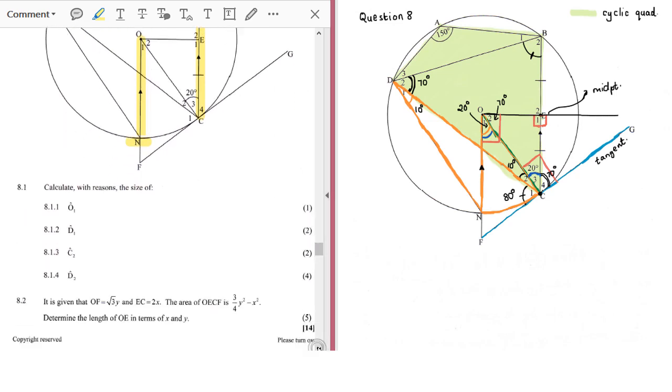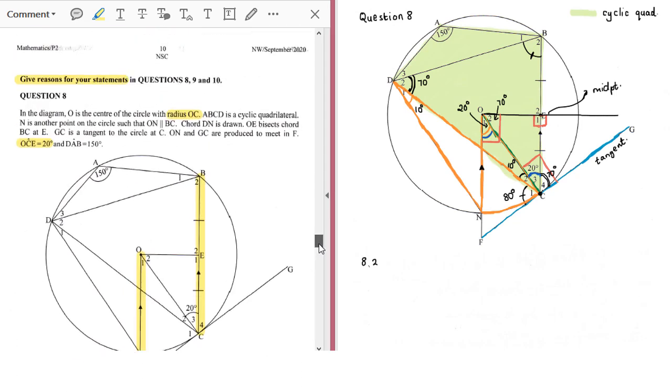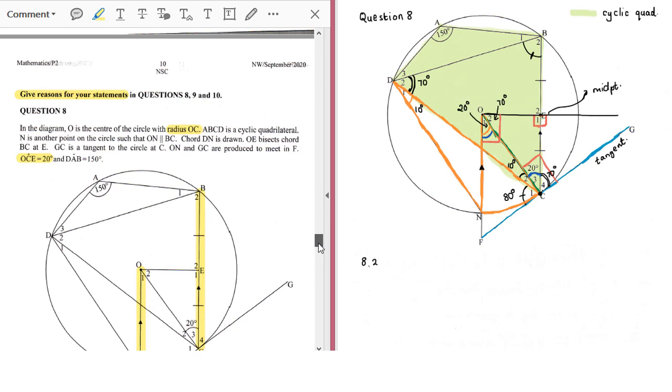Now let's see what question 8.2 has for us. We have that it is given that OF is equal to the square root of 3y and EC is equal to 2x, the area of OECF. They said something about OECF in the beginning.